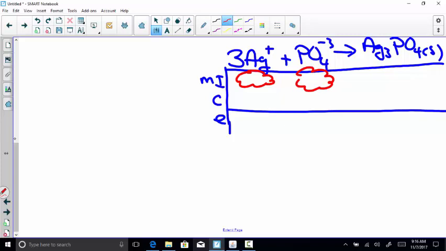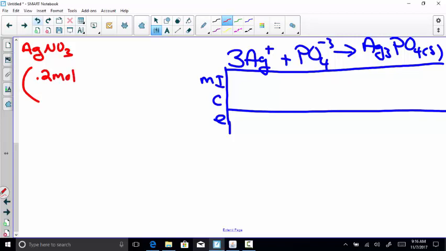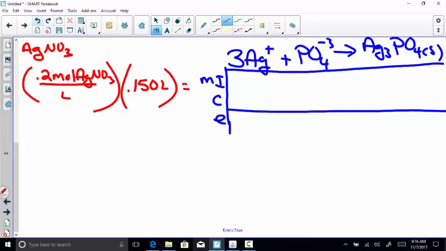Now, those two are going to come from our initial concentrations. So if we go back and look at AgNO3, remember we had a 0.2 molar solution, so we had 0.2 moles of AgNO3 per liter, and we had 150 milliliters of that.